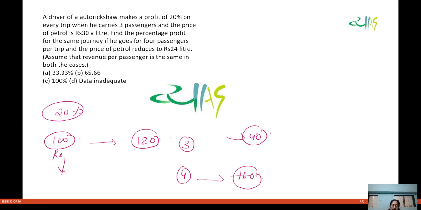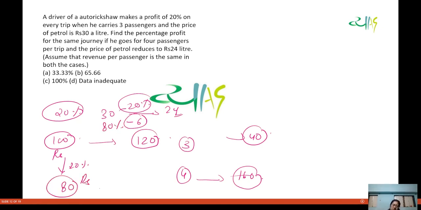But the cost of the petrol is decreasing by 20%. If 30 becomes 24, then 20% of this, that is 6, you subtract, and it becomes 24. That means the cost now becomes 80%, so 80 rupees is now the cost. I am taking 4 passengers, so I am getting 160 rupees. So my profit is increasing by 100%. This is how we do these. I hope everybody is clear with this.